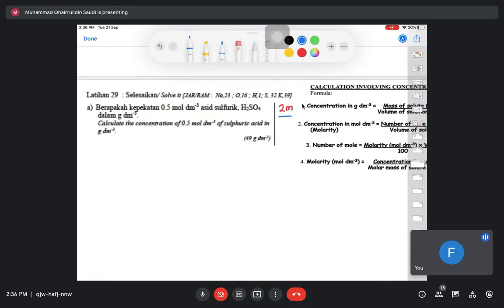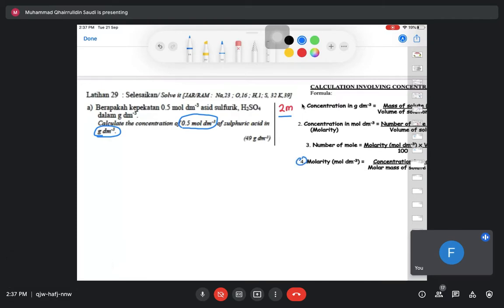What is the concentration of 0.5 mole per dm cube of sulfuric acid in gram per dm cube? So which formula are we going to use this time? Formula number 4. Good. Formula number 4.